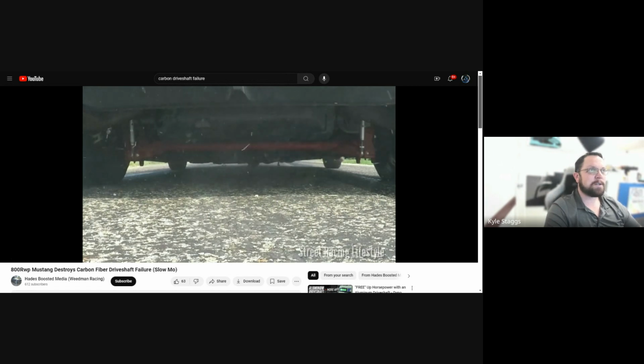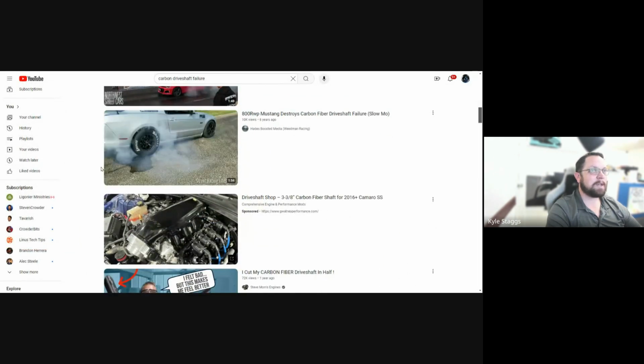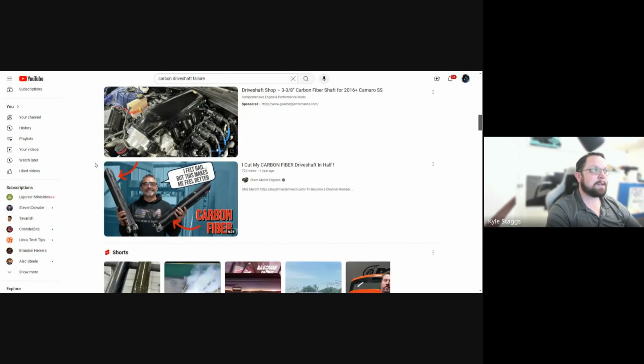So it shatters and sends shards everywhere. And that's the failure mechanism of these. They don't fail gracefully, they fail explosively almost always.